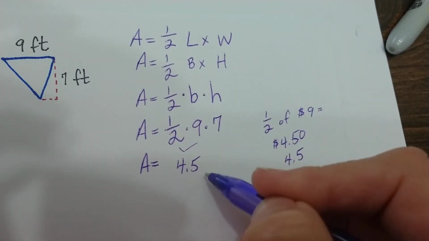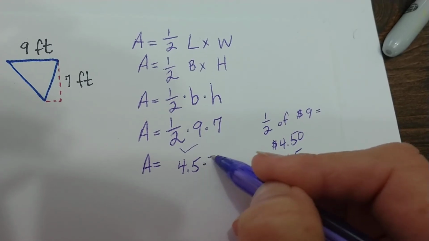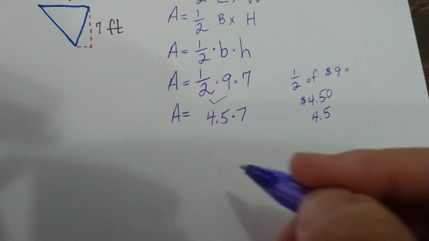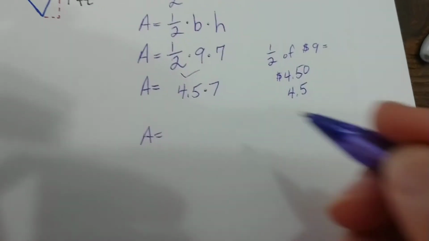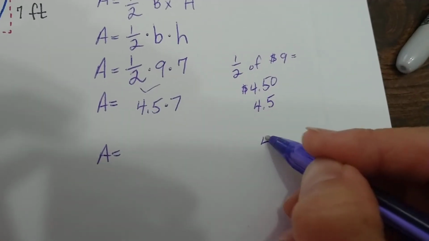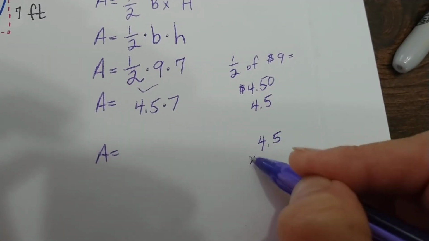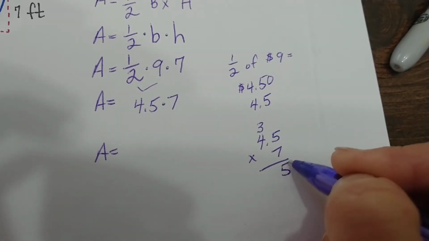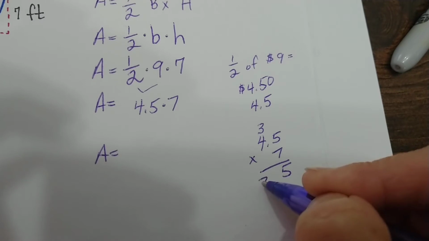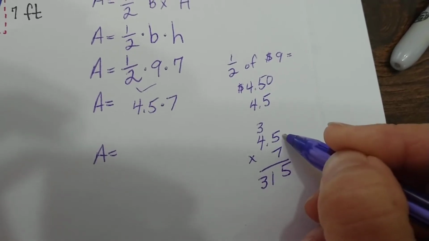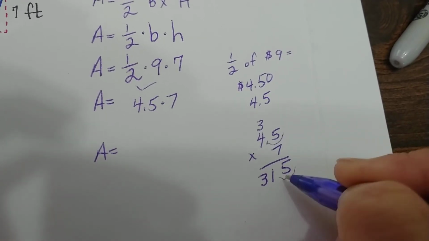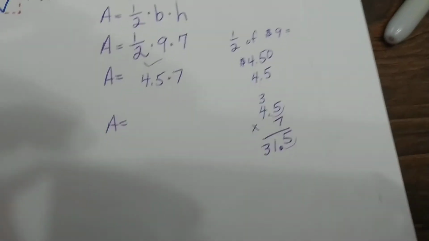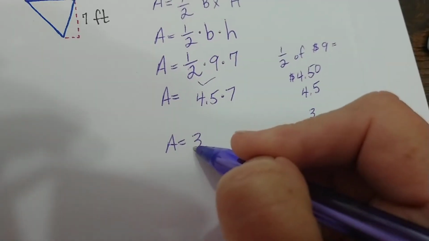But I can't forget about the 7. I still need to multiply by 7. So in order to do that, I'm going to stack up my numbers. 4 5/10 times 7, we stack the back. I move my decimal point one place over, and I get 31.5.